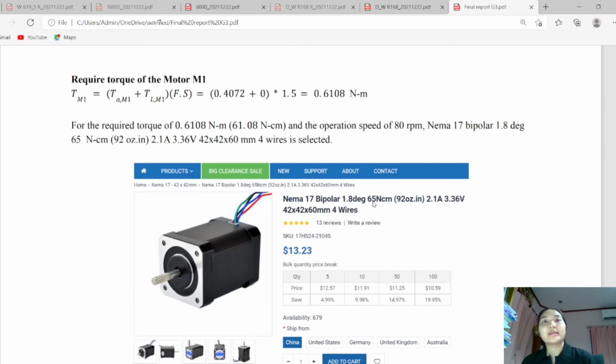It has a torque equal 65 Newton centimeter, so it's enough for the required torque that we need. And this joy uses an operation speed of 80 rpm.